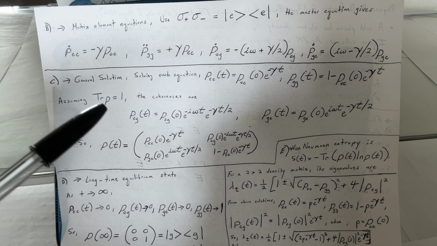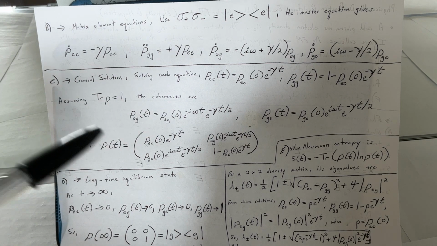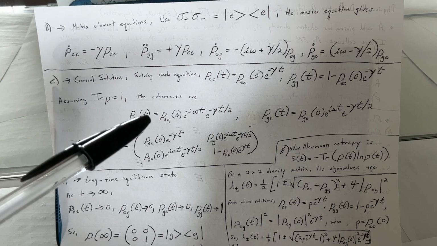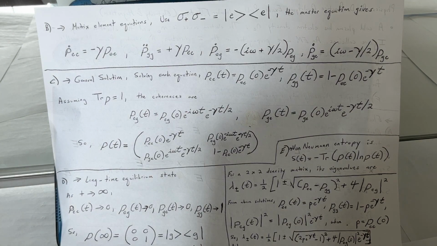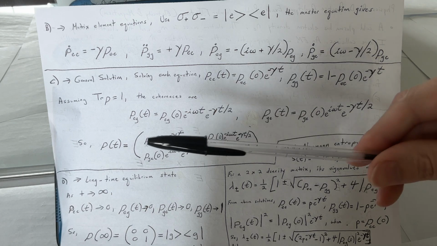And assuming trace rho equals 1, the coherences are rho sub EG of t equals rho sub EG of 0, e to the negative i omega t times e to the negative gamma t divided by 2. And then here, rho sub GE of t equals rho sub GE of 0, e to the i omega t times e to the negative gamma t over 2. And then we wind up with this matrix here.